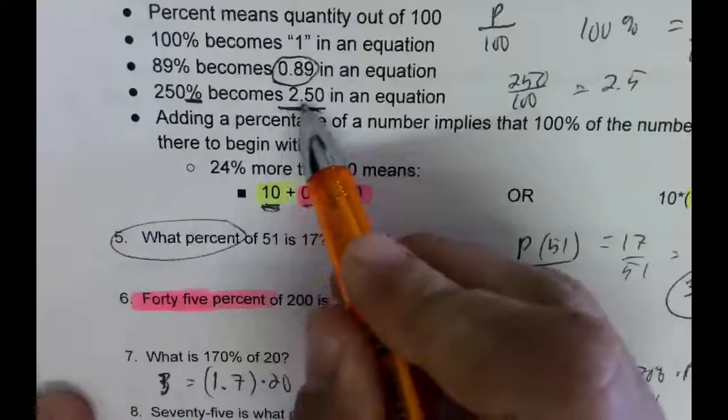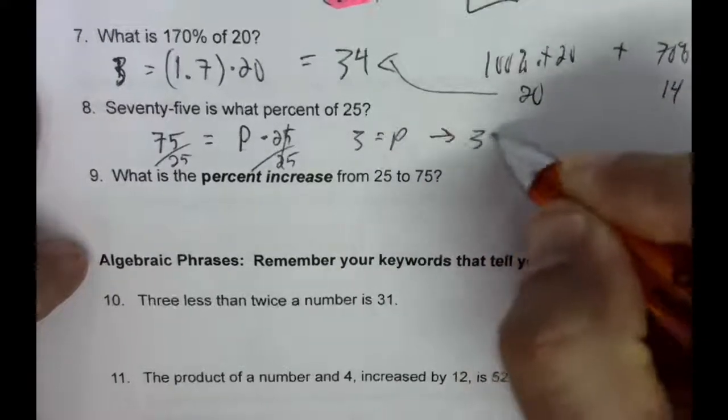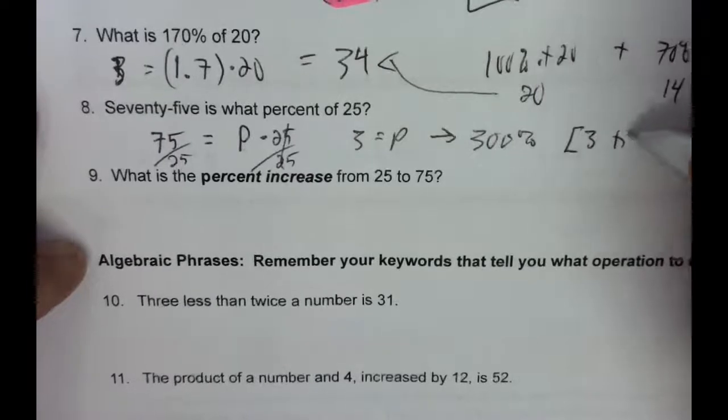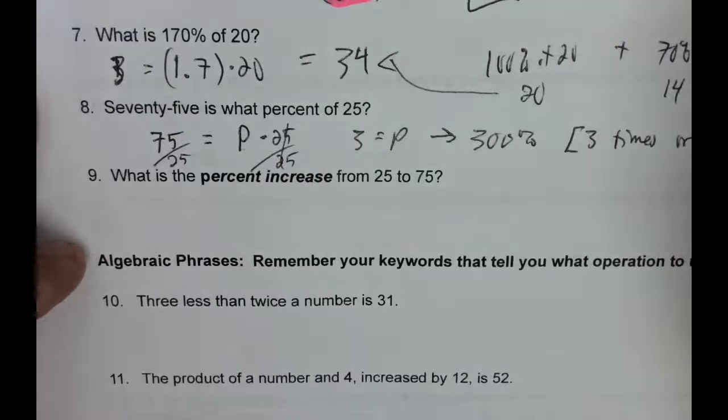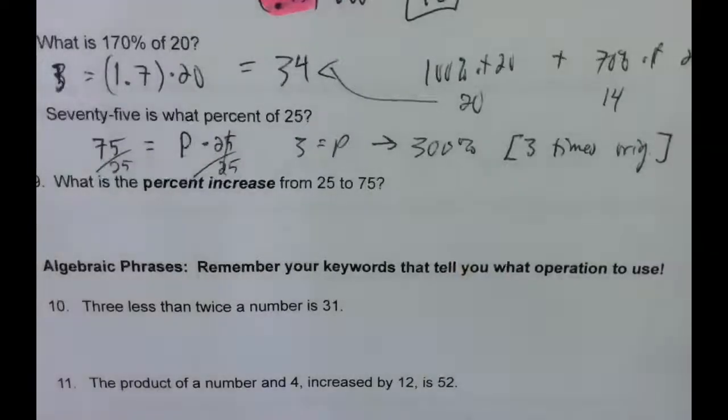Going back up to the rules up here, 2.5 in an equation was 250%. So 3 in an equation is 300%. You can think of this more simply as 3 times the original, right? 3 times the original. Well, that's 300%.